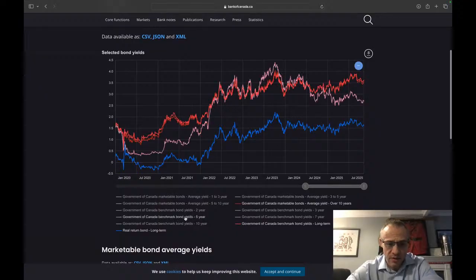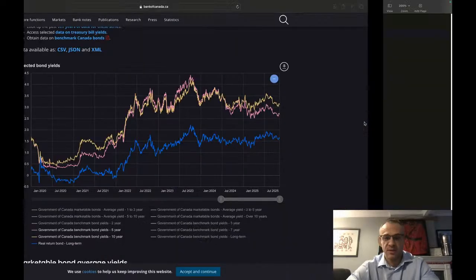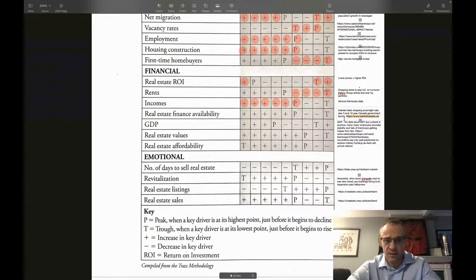And if we just look at the 5-year yield, get rid of these, and the 10-year, you can see they're kind of on a downward trend here. So because of that, real estate financing is becoming more available. So we'll just bring that down there, lower rates.